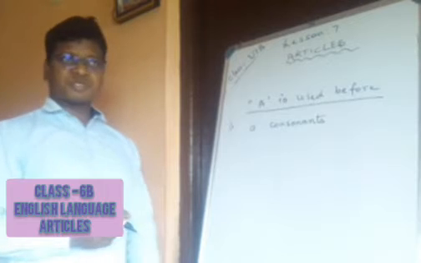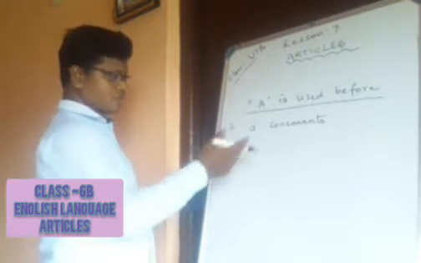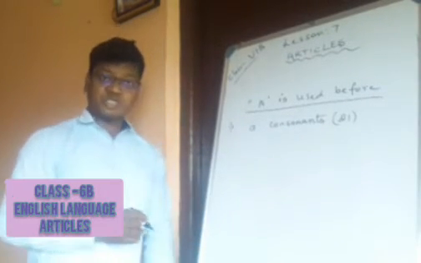Consonants. How many consonants are there? Do we know how many consonants are there, or what are they? The total number of consonants is just 21.